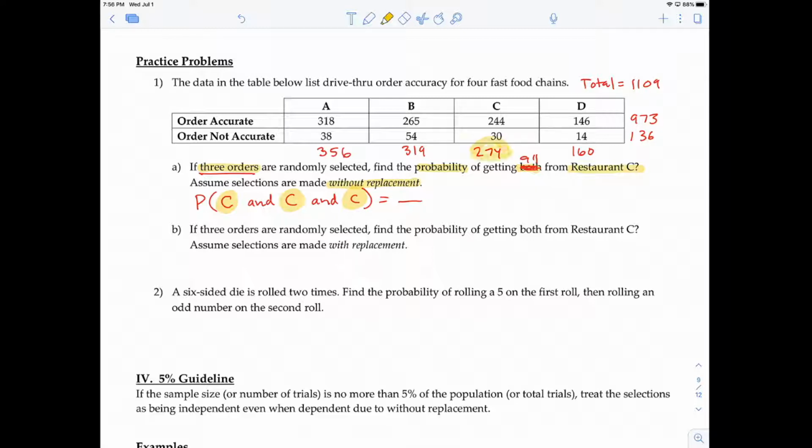Well, there's a total of 274 orders that we can choose from, right? That's how many different ways we can select the first order being from restaurant C out of 1,109 total orders, times the probability that the second order is from restaurant C.